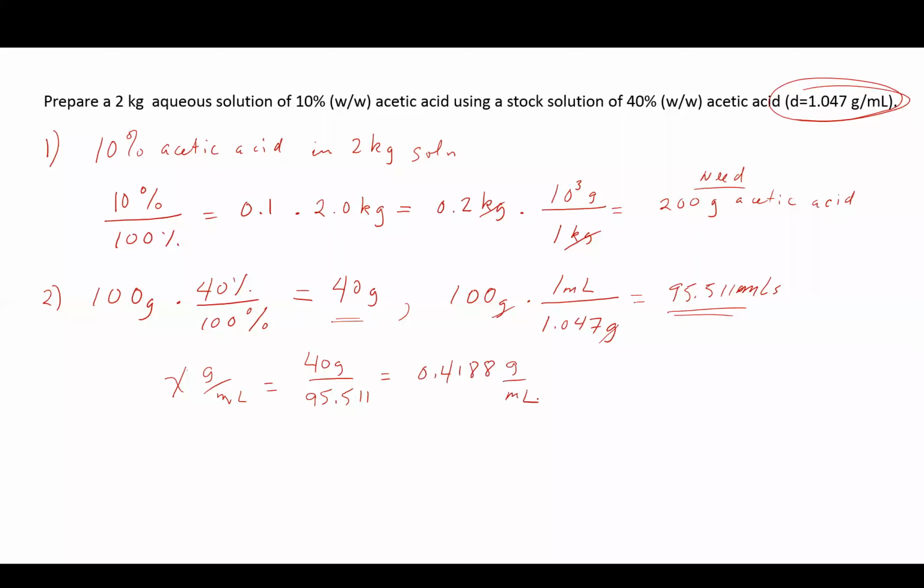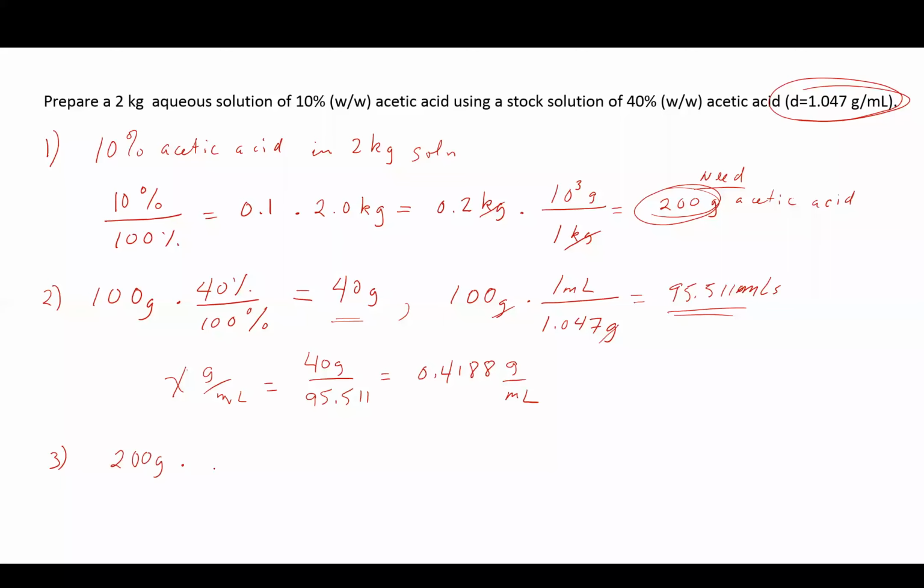Now we can figure out what volume of the 40% solution would give you your needed mass up here. This would be like a part 3. What volume is that going to take? We start with our 200 grams, and we use this mass to volume ratio that we determined here.